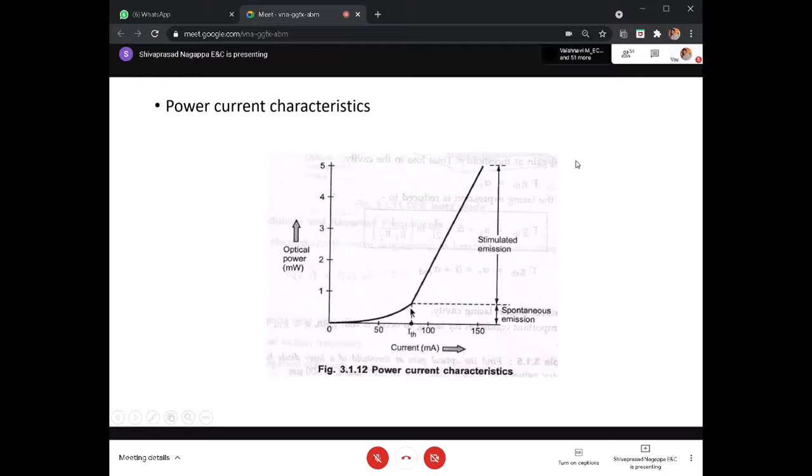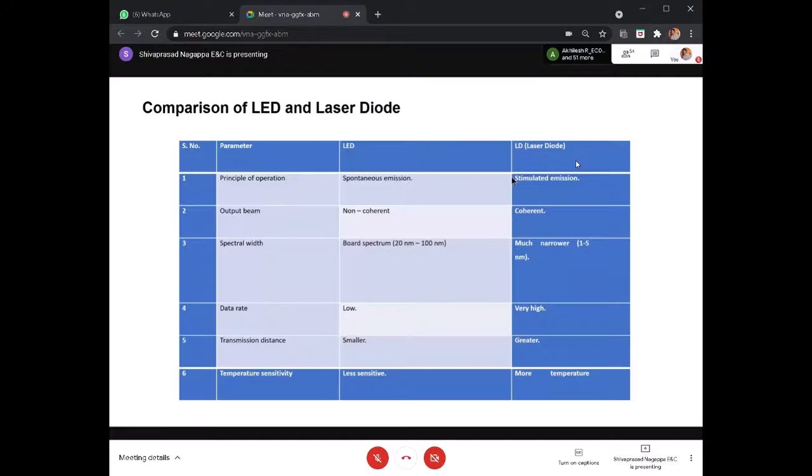Later on, after lasing action takes place, there will be a steep change. That means your emission will be more and it increases very highly. More number of photons will be liberated, due to which high optical power will be achieved.